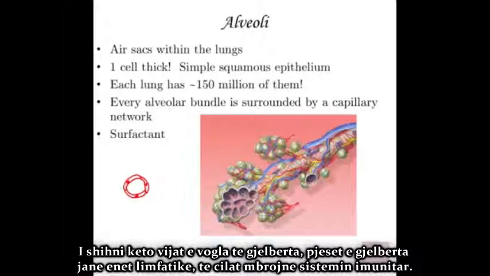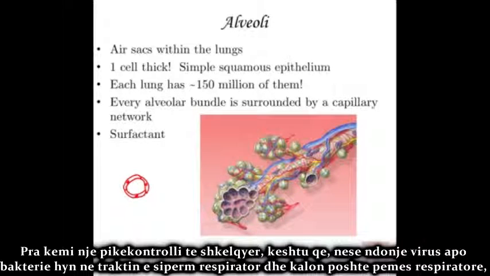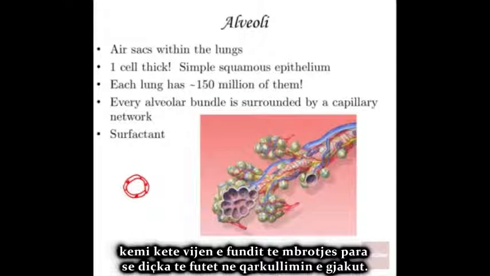The green parts is the lymphatic vessels, lymphatic tissue, which has to do with protecting your body, your immune system. So you do have this great kind of security checkpoint in a sense, so that if viruses or bacteria get through the upper respiratory tract all the way down to the bottom of your respiratory tree, you have this last line of defense before something enters your bloodstream to deal with it and take care of it.